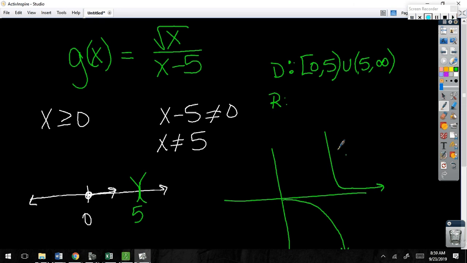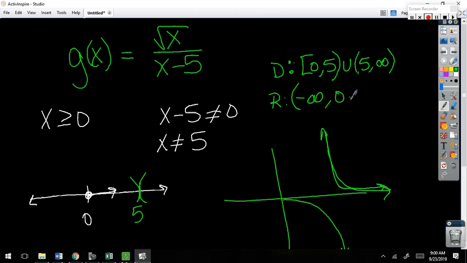It's going to look something like that. So what is my range here? It's the lowest it goes. -infinity up to what? Yeah, it goes up to 0. Does it include 0? Look at it. No, it's not touching 0 there, right? It's hugging it. Picks up.